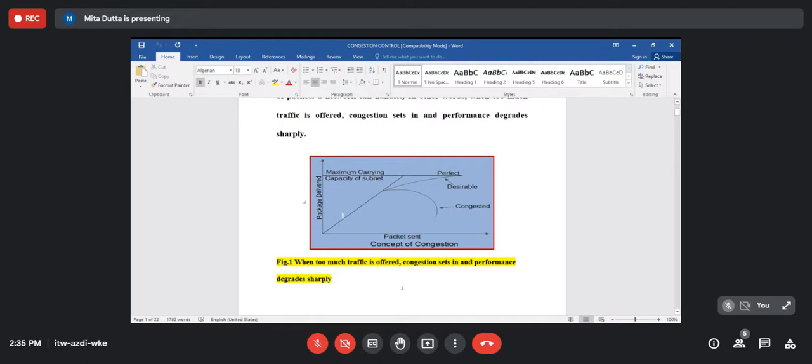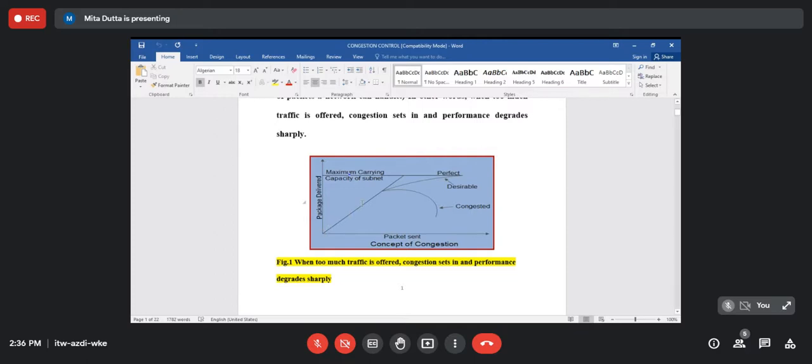Now, if the number of packets sent and the number of packets delivered are the same, then we say that the situation is normal. That means there is no congestion in the network.